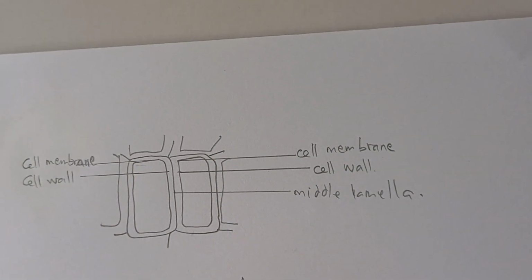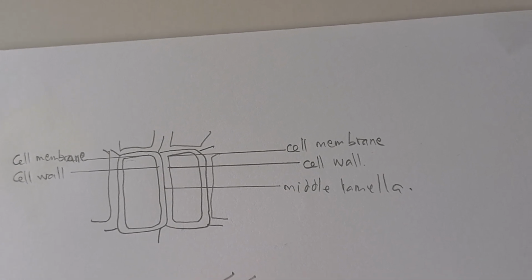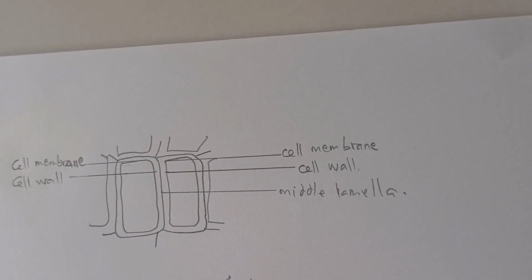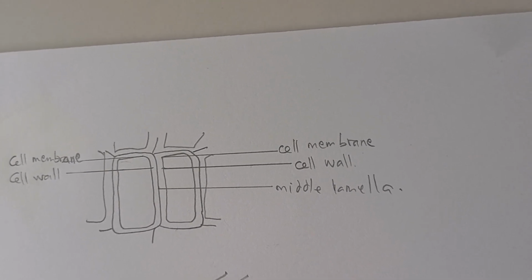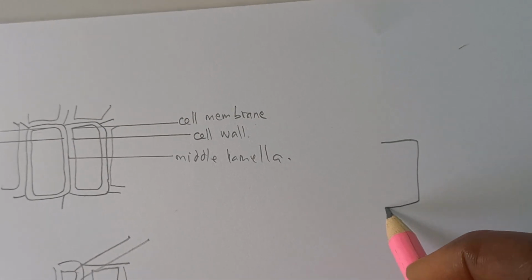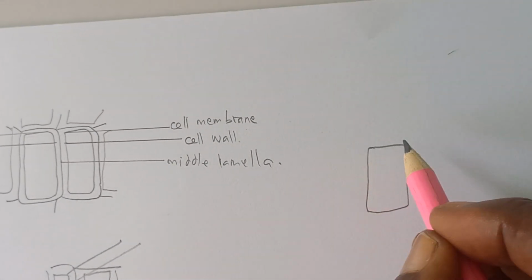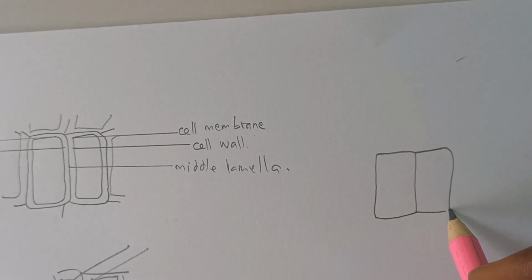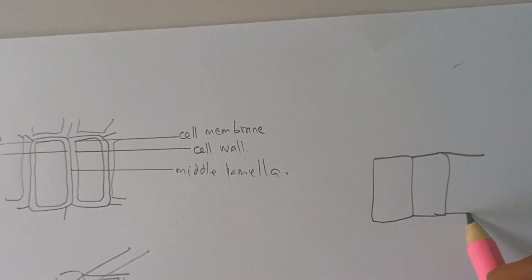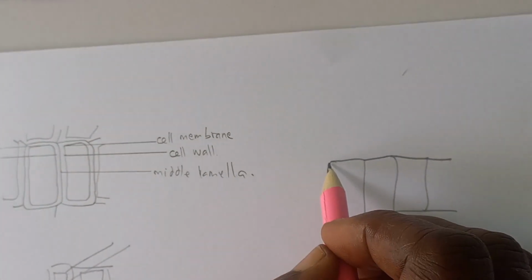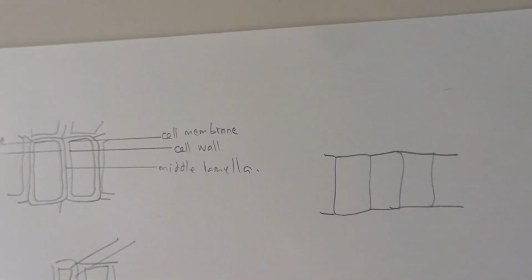Good. So in drawing close-fitting cells, this is the technique. Always draw the outer walls first. That's the first thing.